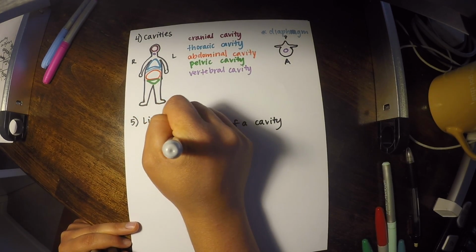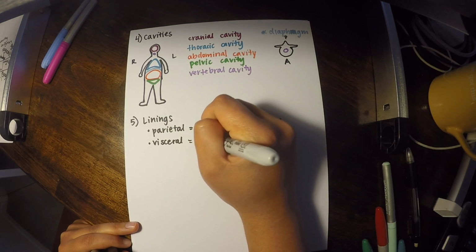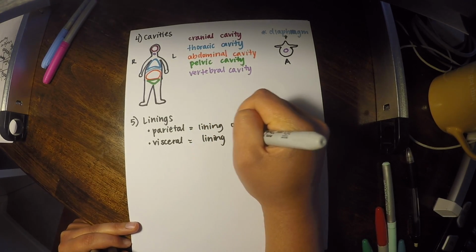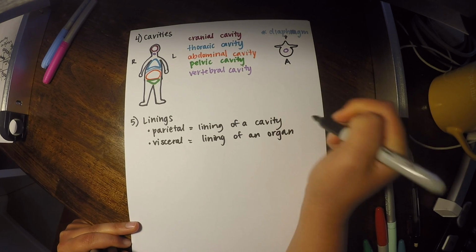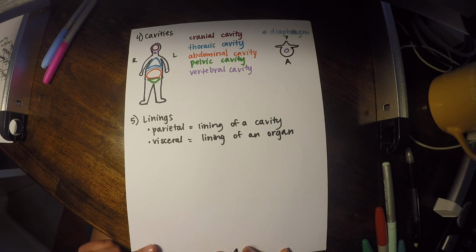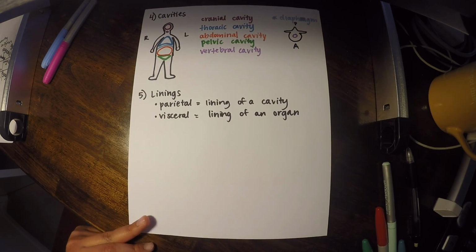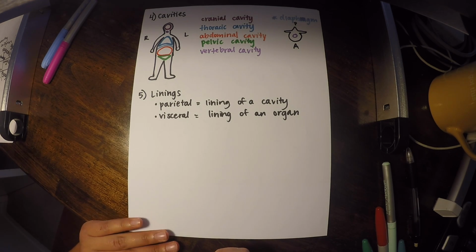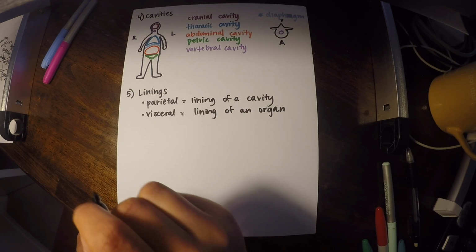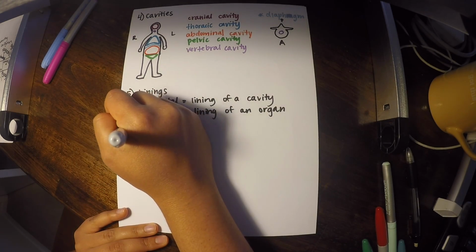And visceral means the lining of an organ. Now, the last thing we're going to talk about in terms of anatomical organization is abdominal regions.